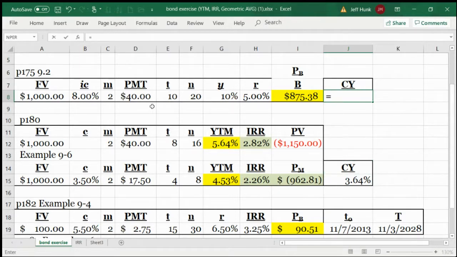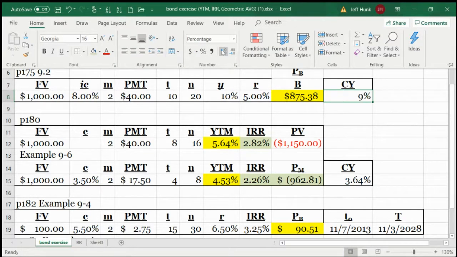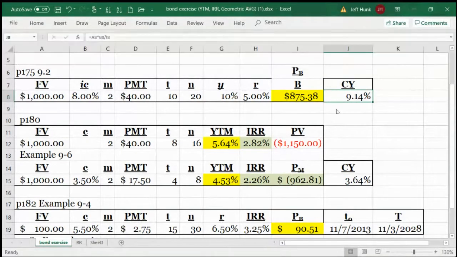Our annual coupon payment is 2 times 40, or simply 1,000 times 8%, and then over market price. And there you go. If you give it as a percentage, give it at least 2 to 3 decimal places. All right, so that's the current yield.